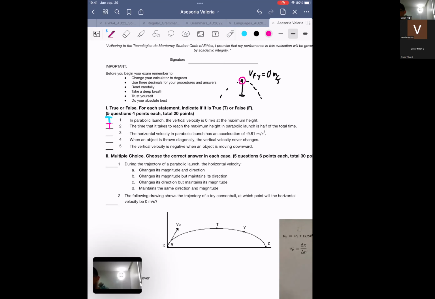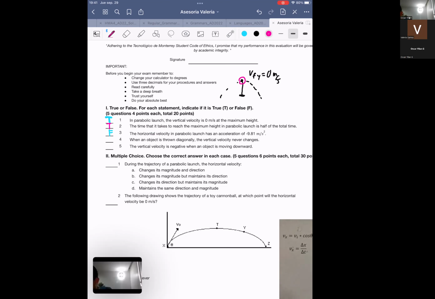The horizontal velocity in parabolic launch has an acceleration of minus 9.81. False, right? Because it says horizontal velocity. This will be correct only if we have vertical. But as we have horizontal, it's false.